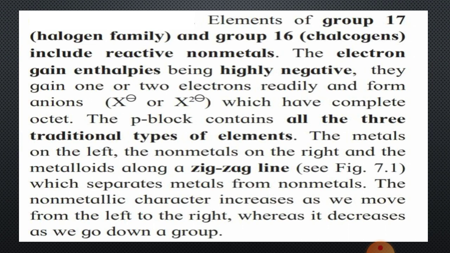The p block contains all three traditional types of element. Which are the three types? Metal, non-metal and metalloids. As we have seen in figure 7.1, the metals are placed on the left, non-metals on the right, and the metalloids in the middle along a zigzag line.